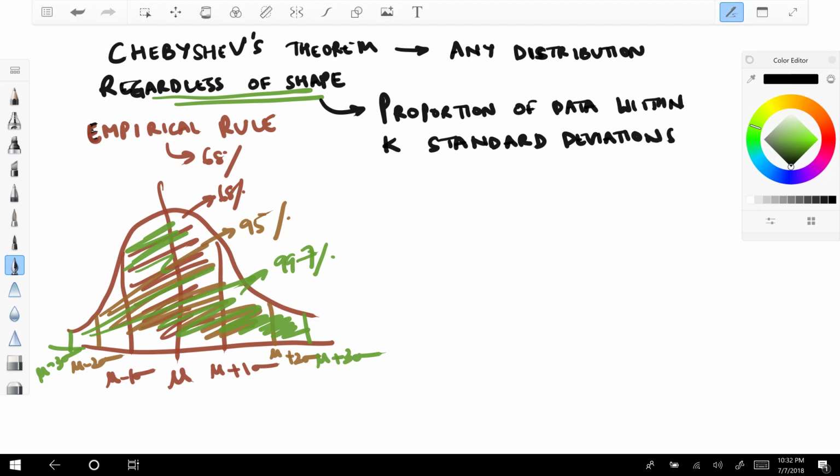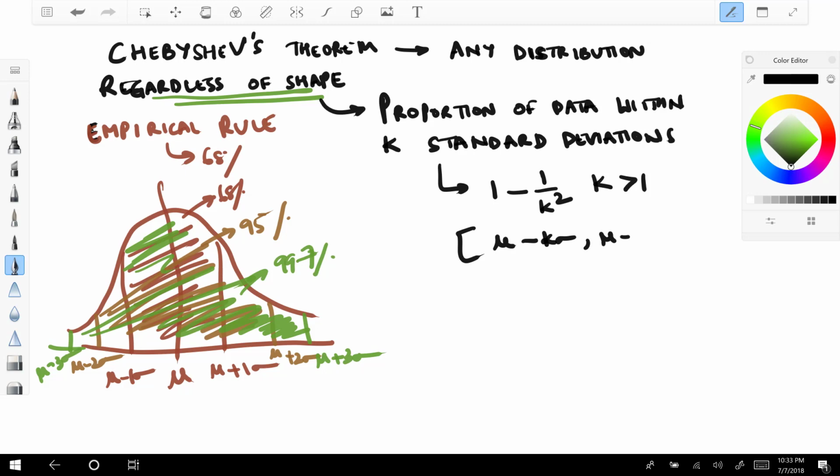So the percentage or proportion of data is given by the formula 1 minus 1 by k square, where k is greater than 1, and the interval would be k standard deviations from the mean, so it will be mu minus k sigma and mu plus k sigma.